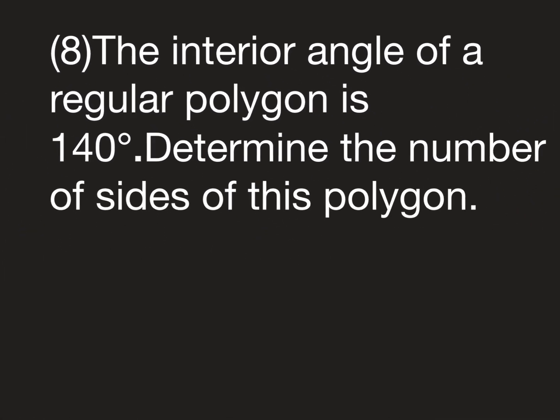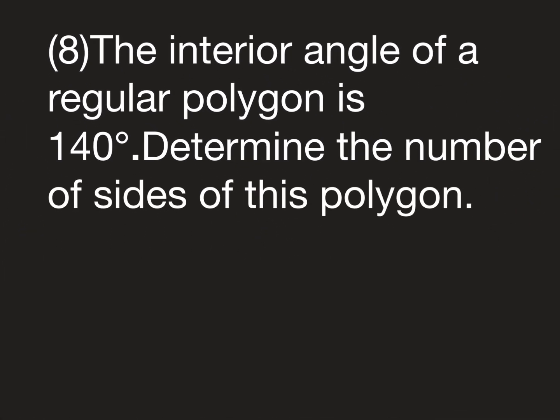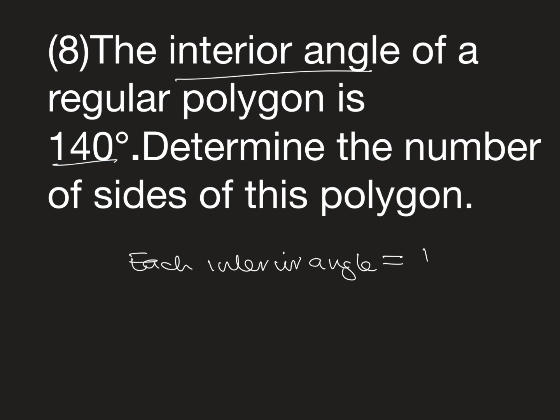Moving on to the next question, it says the interior angle of a regular polygon is 140 degrees. Okay, that is each interior angle is equal to 140 degrees. Determine the number of sides of this polygon. So we want to find n.